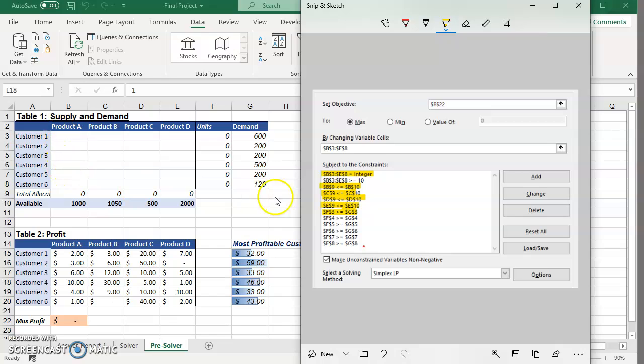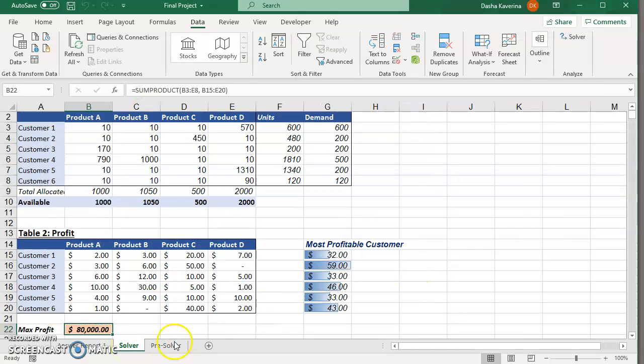For this purpose, I said that the variable cells must be greater than or equal to 10. As a result of these constraints, the Solver came out with these quantities.